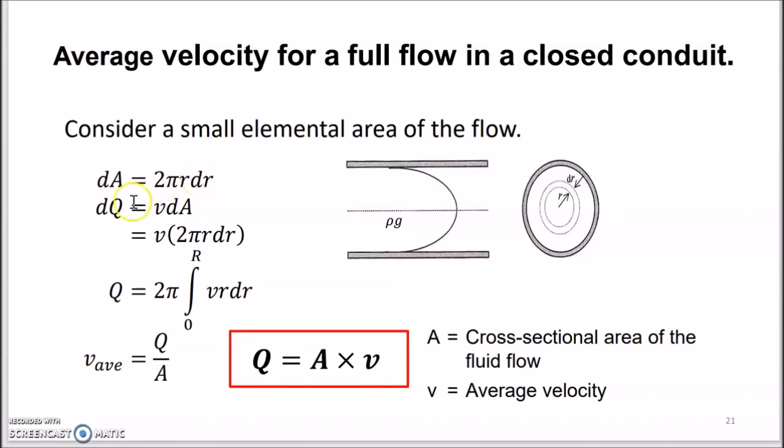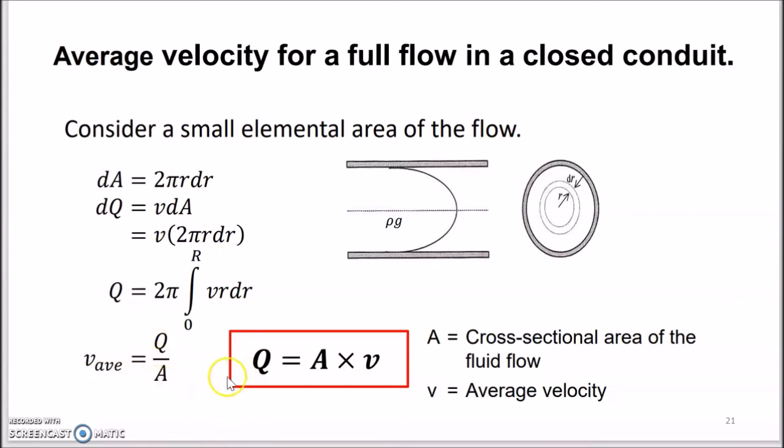And then the flow rate Q equals the velocity of the fluid times the differential area, because different areas may have different velocities. And then we integrate the flow rate over the radius. So therefore we get the average velocity equal to Q over A.